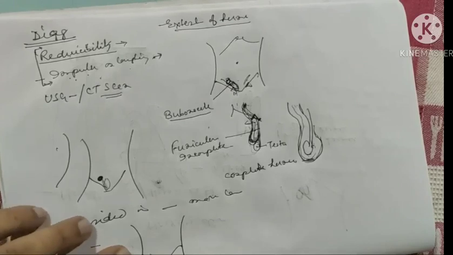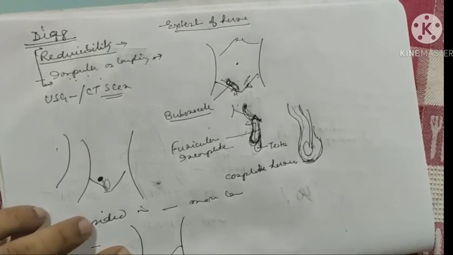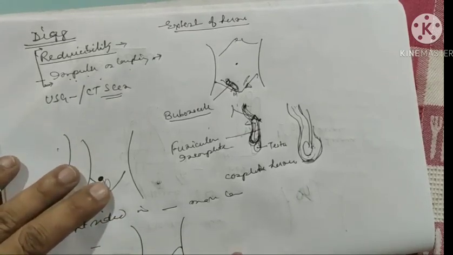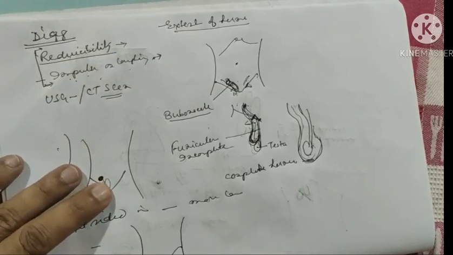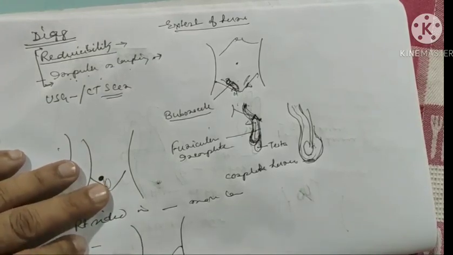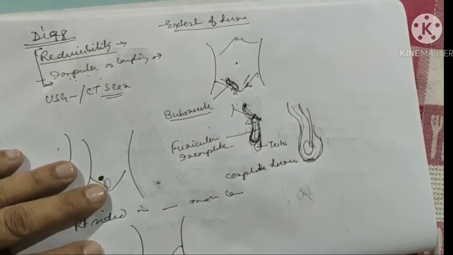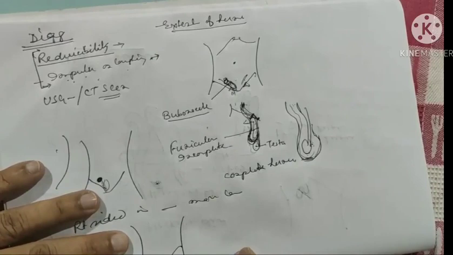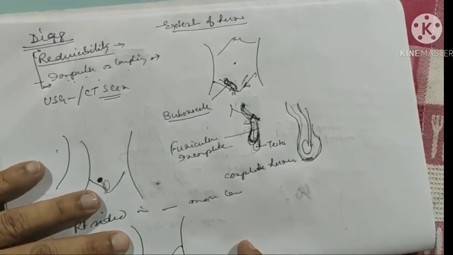In case of femoral hernia, this is the femoral triangle. It contains the femoral nerve, artery, and vein. The vein is most medial, then the artery and nerve. Just medial to the vein, there is a femoral canal through which the femoral hernia occurs. Here, like this.